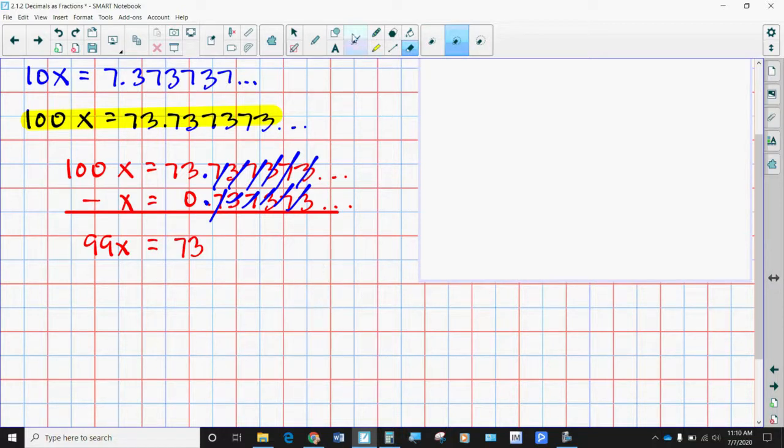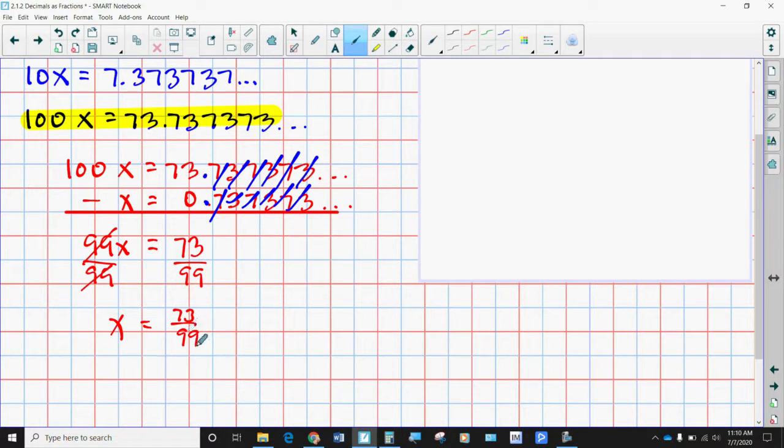And I'm sure Mr. Harbour has taught this to you, or your 6th grade teacher has taught this to you, that when you're solving an equation like this, you just divide both sides by this number 99. It essentially cancels out the 99s because it turns it into a giant 1, and 1 times x is just x, correct? But now we divided this by 99, and I'm pretty sure that's in simplest form.